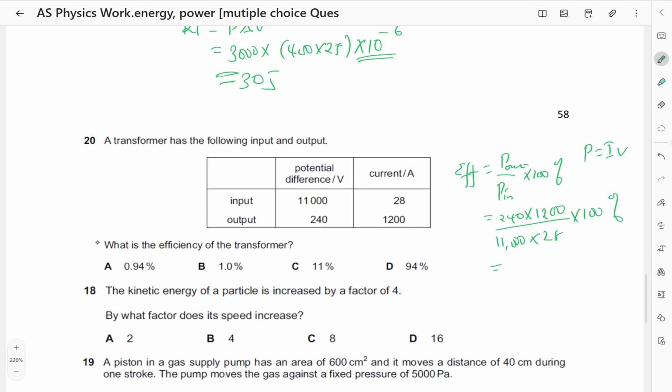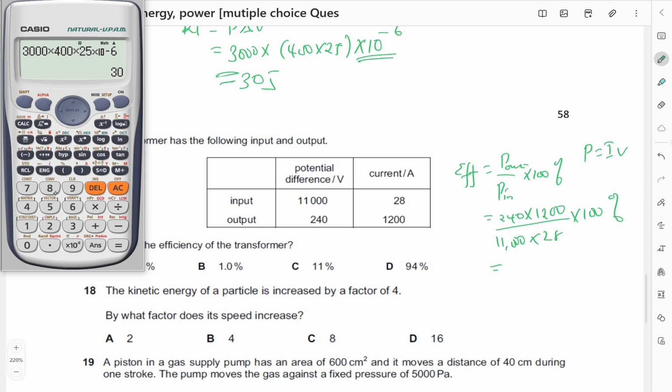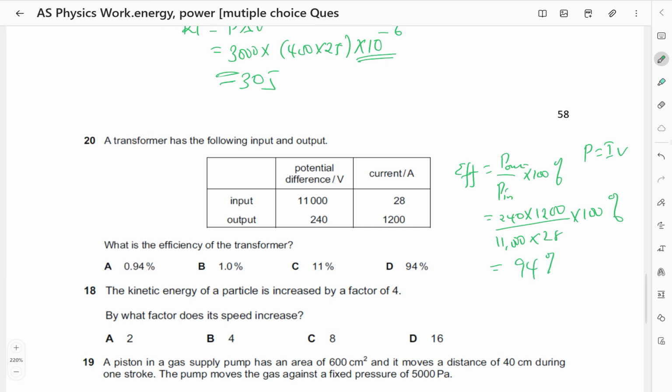So this will be equal to, open brackets, 240 times 1,200 divided by, open brackets, 11,000 times 28. Then I multiply this by 100, which gives us 93.5, that is approximately 94. So this is 94%. So the answer is going to be D.